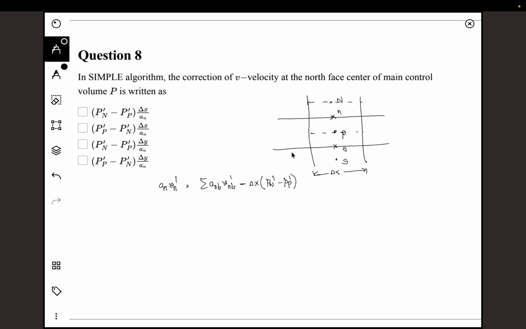So in SIMPLE, what we are doing is we are assuming this contribution is 0. When I did that, all the off diagonal elements are made equal to 0. So there won't be any anb terms. All of this will be 0. So Vn prime will be, look, there is no minus, Pp prime minus Pn prime times delta x by An. You see, once you understood the flow of how the algorithm works, all these questions are straightforward.